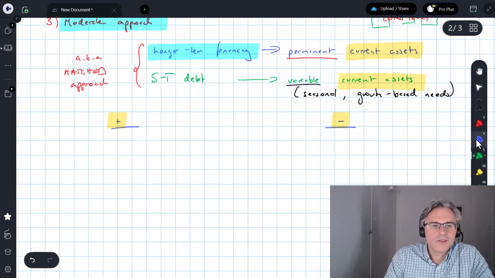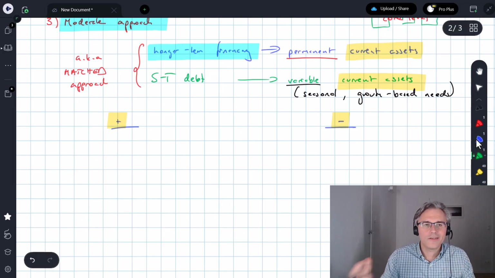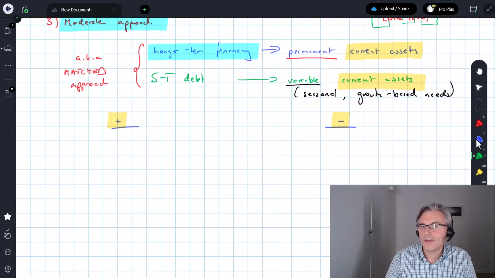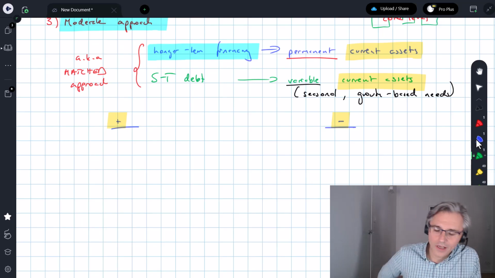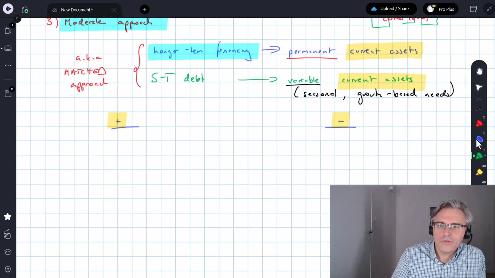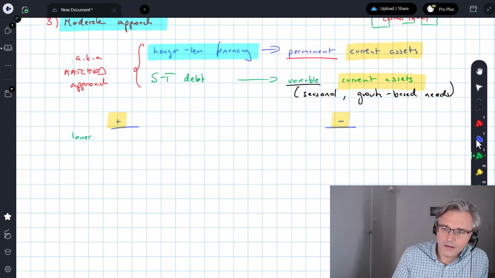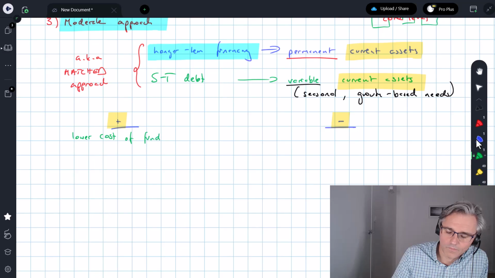Well, to be honest, the advantages and disadvantages come from the fact that this is neither of the two extreme conservative and aggressive approaches. So, as an advantage, your book says, this has a lower cost of funding than under the conservative approach.